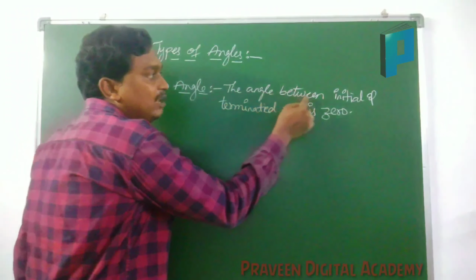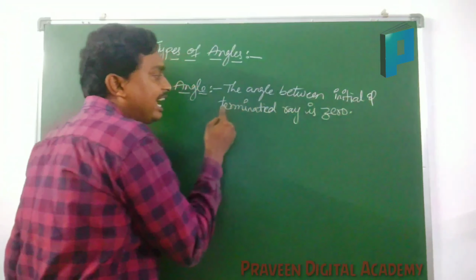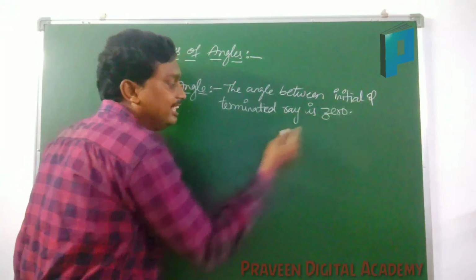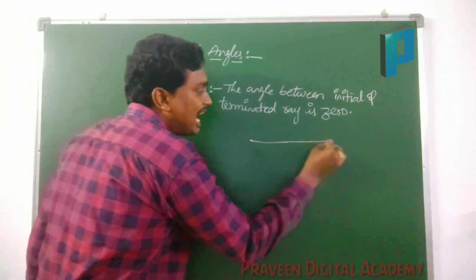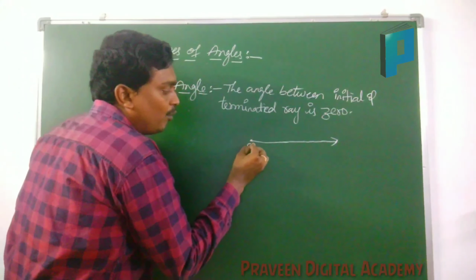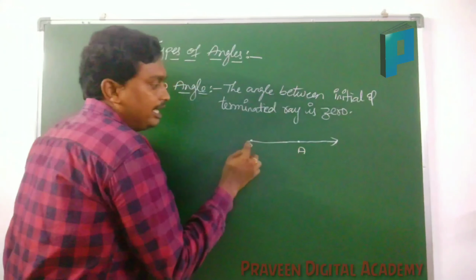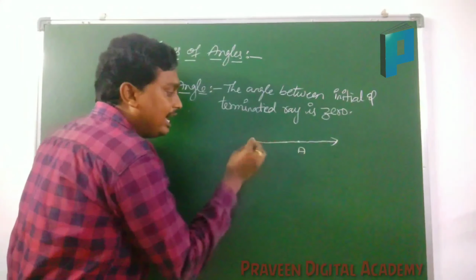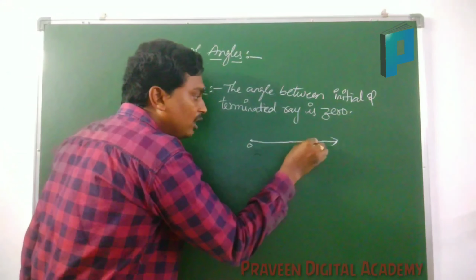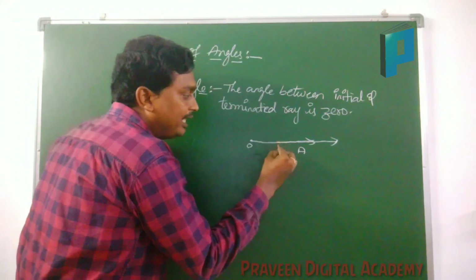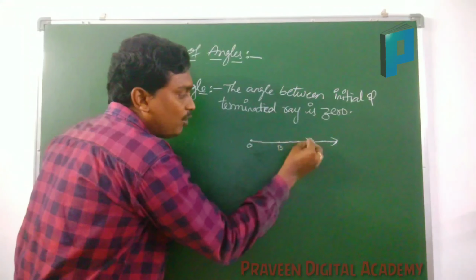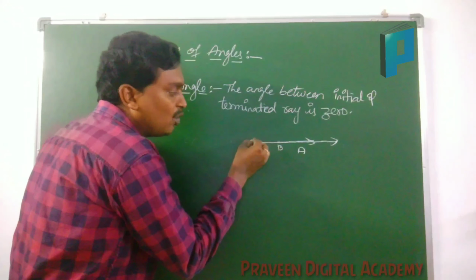Here the angle between initial ray and terminated ray is zero. Means if you are having a vertex O, and an initial ray OA, and on the initial ray only you are having the OB ray, what is the angle between OA and OB? There is no angle.